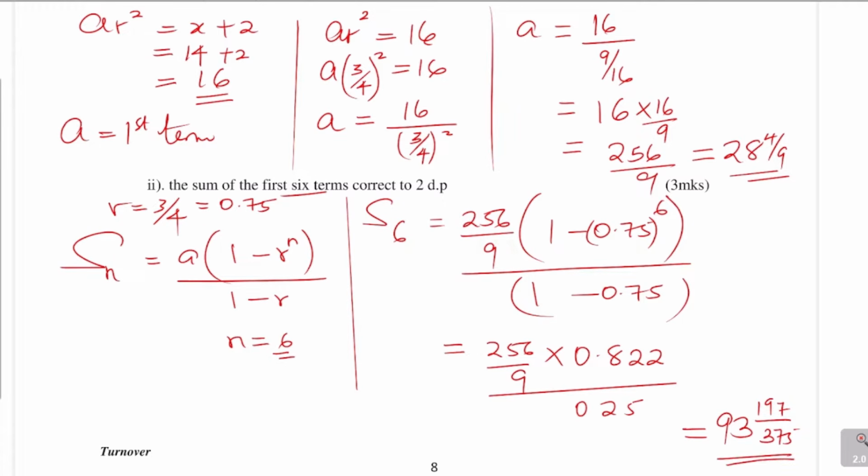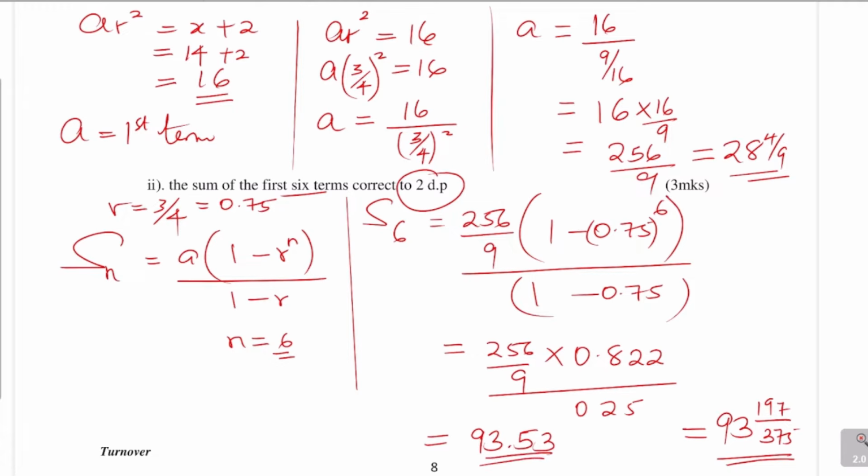Since you are required to give the solution correct to 2 decimal places, this one is very important. Correct to 2 decimal places, this will give 93.53.